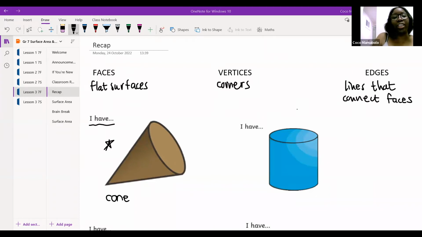Excellent. All right, so I'm going to ask you guys, how many faces does my cone have? How many faces does a cone have? Everyone's saying one. But if it was one face, then I would have either a round face or a 2D shape.